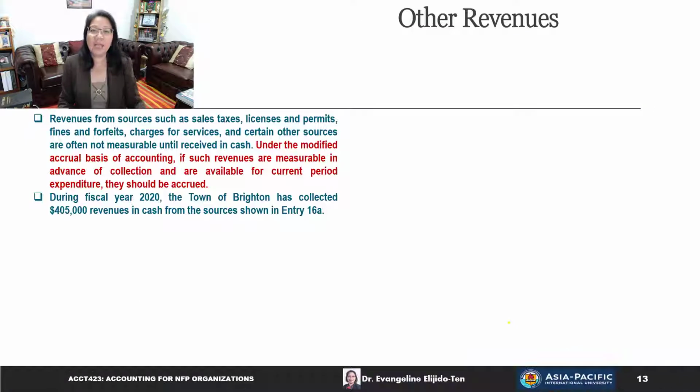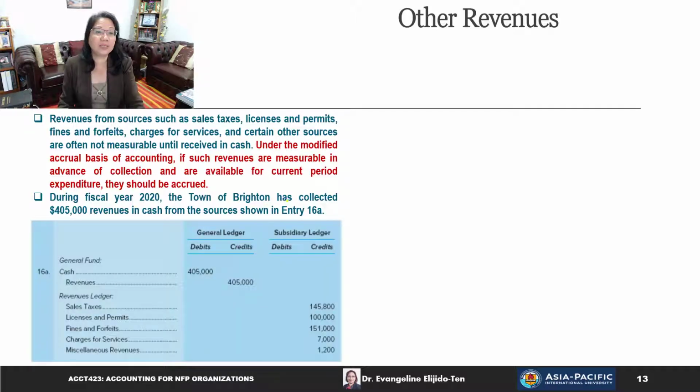Okay. What about other revenues? Under the modified accrual basis of accounting, if other revenues such as sales taxes, licenses, permits, fines, and forfeits, and the like are measurable in advance of collection and are available for current period expenditure, then we need to accrue them.